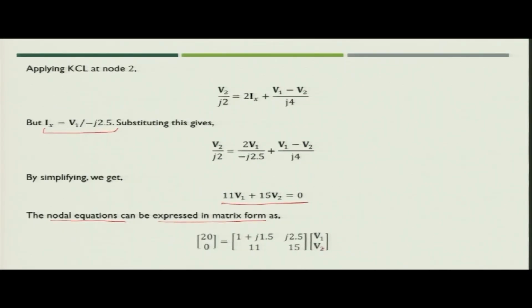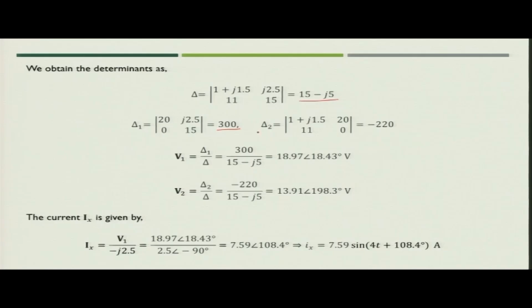For V 2, we replace this column with this. So, we get 1 plus j 1.5, then here you will get 20, 11 and 0. So, you get delta 2, that is the determinant corresponding to voltage V 2, and you get the value of that determinant as minus 220.